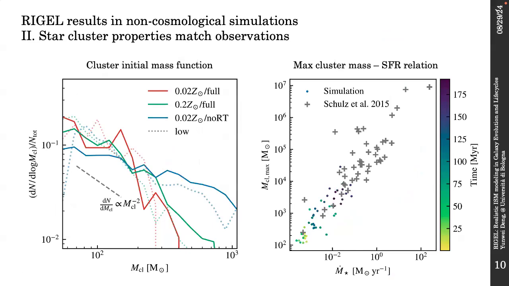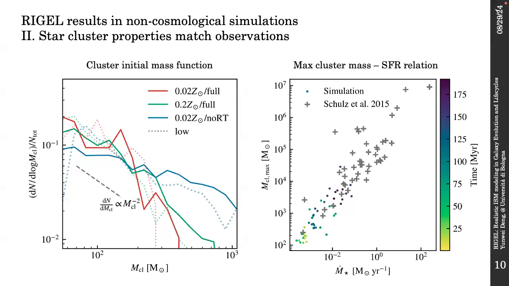You can see both the full feedback runs, the green and the red curve, have a steep slope with a power law index of -2, which is consistent with the observations, whereas the no RT run has a flatter cluster mass function, which means there are more massive clusters without the radiative feedback. This tells us that radiative feedback plays a role in prohibiting the formation of massive clusters.